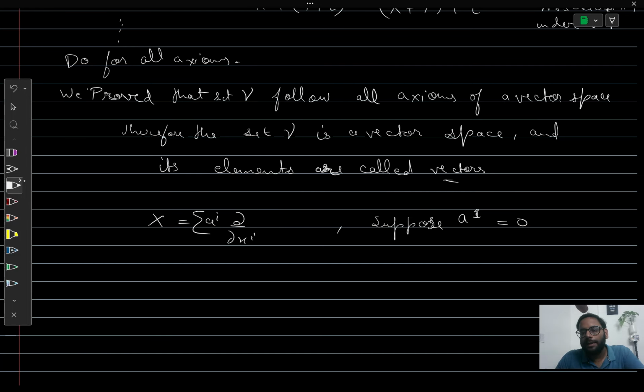So let's take the first component to be 1, not 0 actually, and all other components to be 0. Okay, so what will happen then is this will be x1. So this is just a partial derivative.